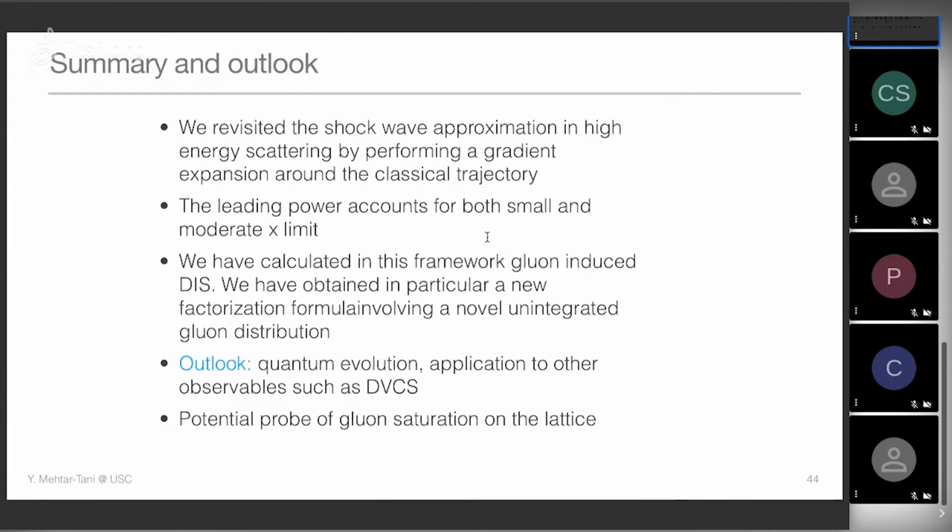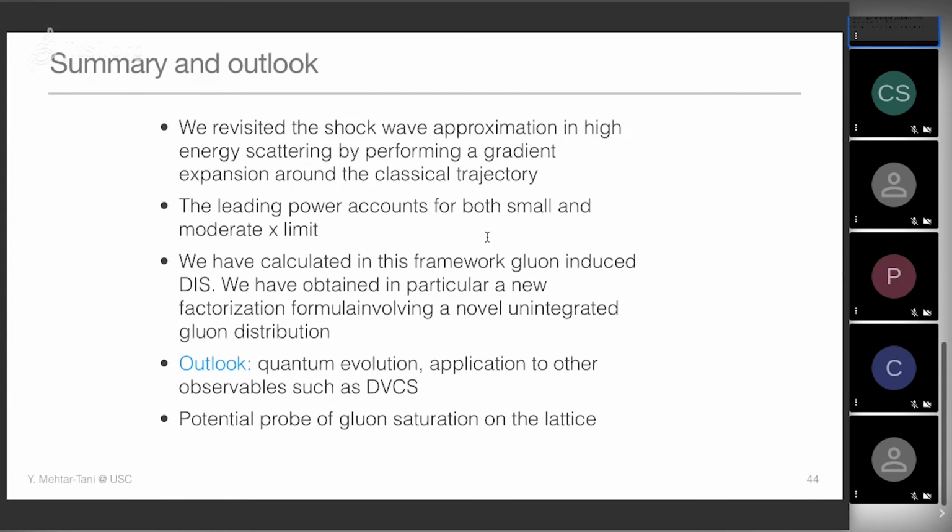Okay, so let me summarize and give some outlook for future work. So we have revised the shockwave approximation. We have presented the new prescription for how we can take this shockwave limit while keeping a connection between transverse and longitudinal dynamics, by accounting for the quantum diffusion. So this accounts for both limits, small x and moderate x.